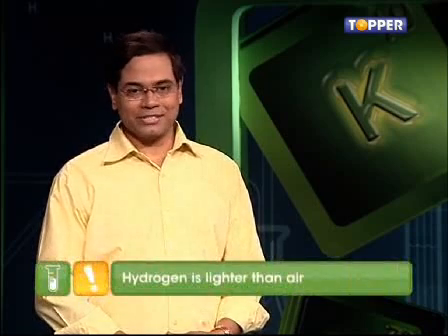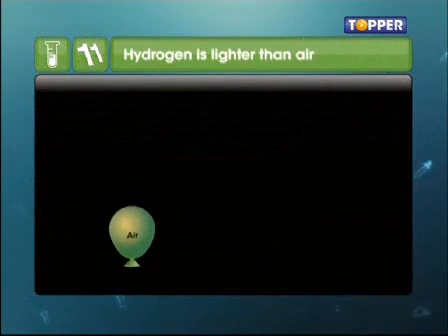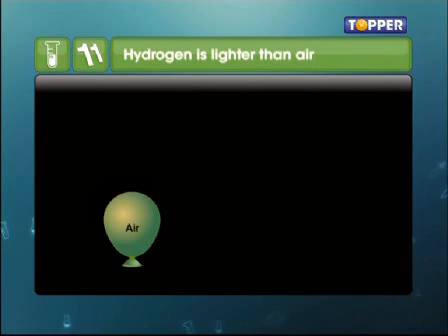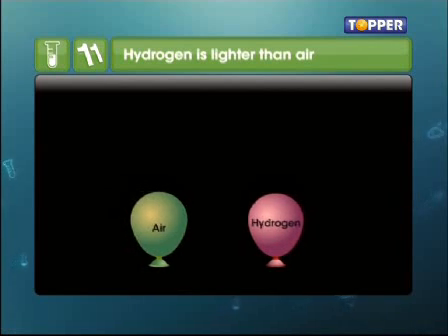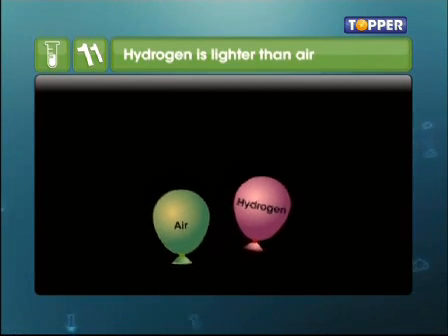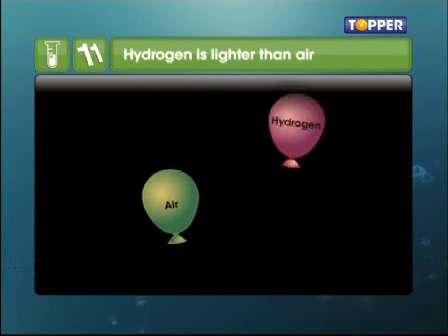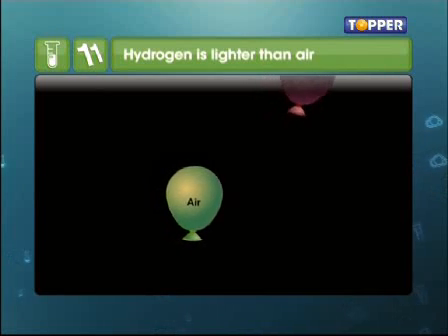Another property of hydrogen is that it is lighter than air. For instance, if we fill the first balloon with air and the other one with hydrogen gas, we will see that the balloon filled with hydrogen rises more than the balloon filled with air. This shows that hydrogen is lighter than air.